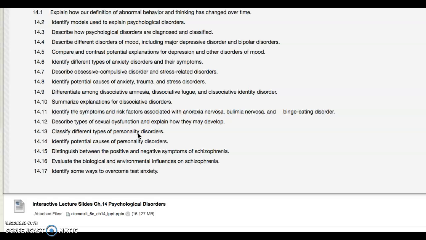And again, within the personality disorder category, there's many different subtypes. We'll be looking at borderline personality disorder, antisocial personality disorder, and some others within there. And again, some potential causes of personality disorders. The last category we'll take a look at is schizophrenia and how it breaks down as a whole.